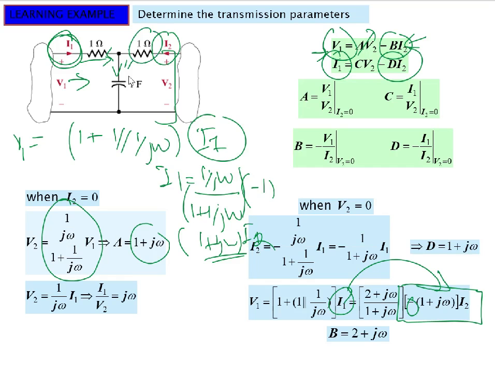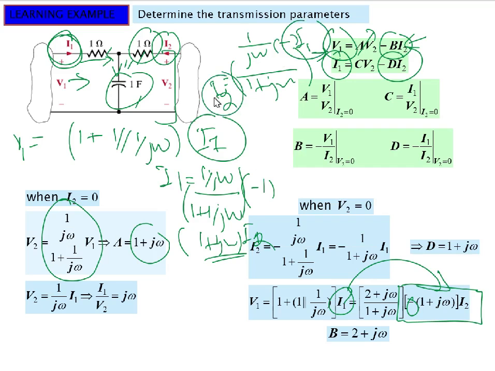So we take this and put it in the numerator, 1 over j omega divided by this plus this, 1 plus j omega, and multiply it by I1 to get our I2, and put a minus sign because they are in opposite direction. Solve this for I1 by I2, and we will get 1 plus j omega.